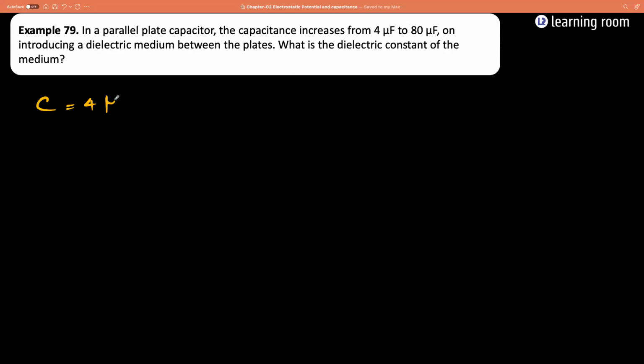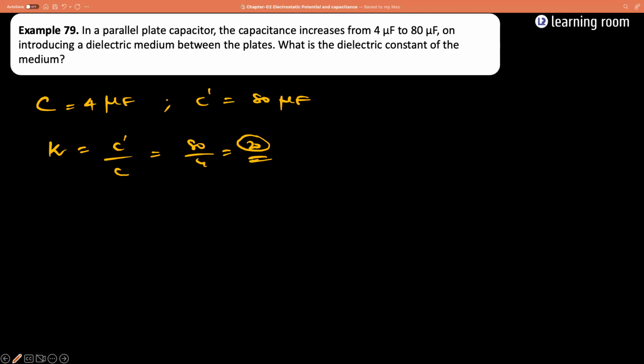So C is 4 microfarad, C dash is 80 microfarad. The dielectric constant is C dash divided by C, which is 80 divided by 4, 20. I wrote these steps only for the sake of the exam, or else you just divide 80 by 4. If it is an MCQ question, the answer is 20. Shall I proceed?